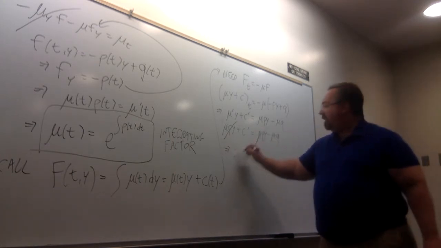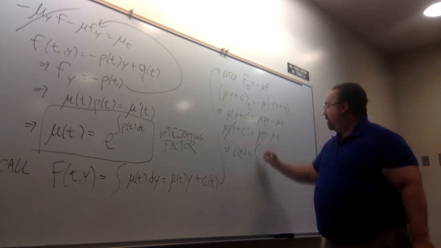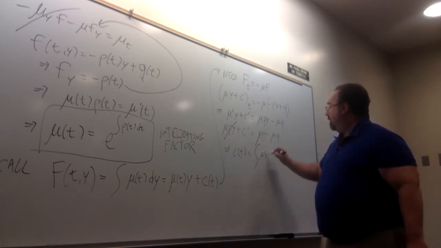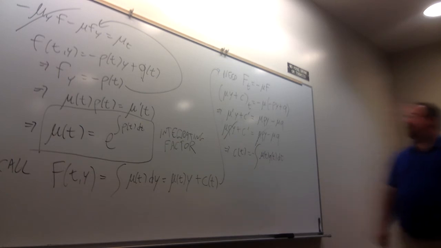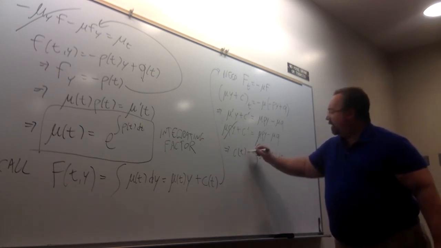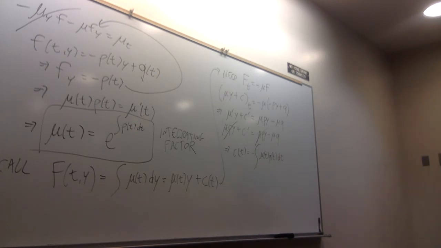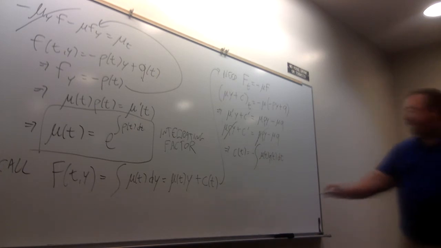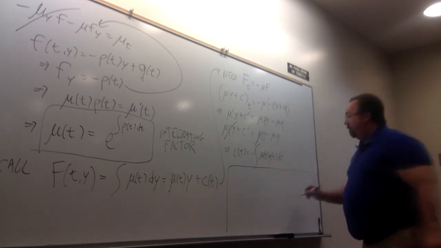So c, we take the integral. There's a minus here. Integral with respect to t, because c is a function of t. Okay, so now I can specify the solution completely.